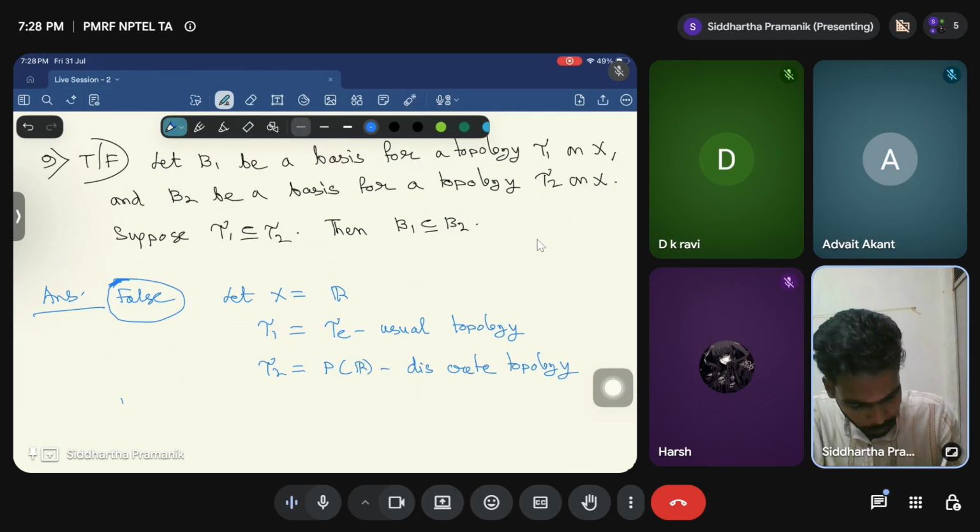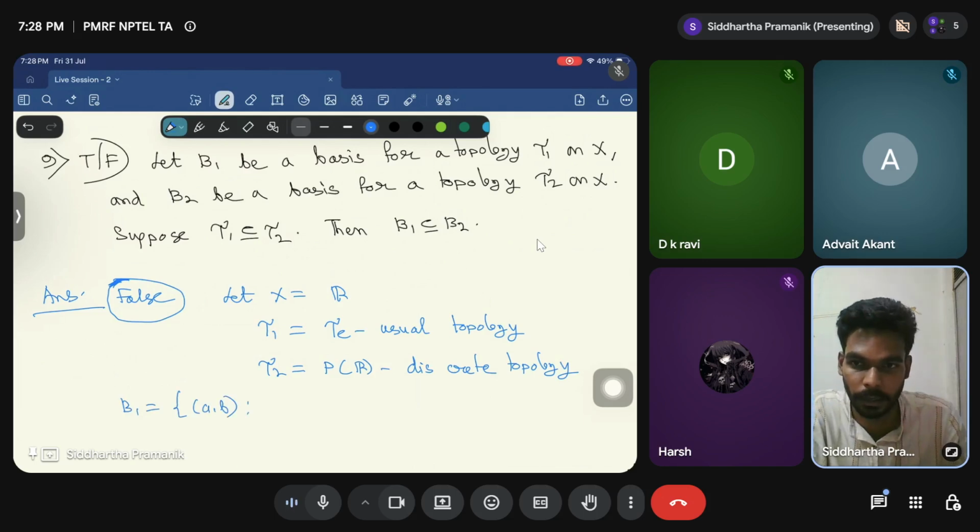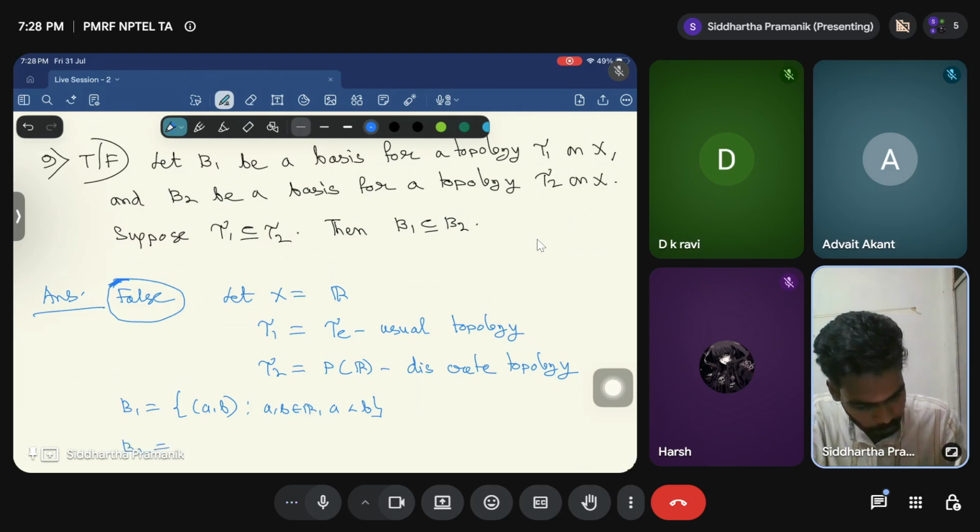For tau1 you can take the open intervals as a basis, that we have already seen in the last lecture: (a, b) with a and b in R and a less than b. This forms a basis for the usual topology. And for the discrete topology, you can take all singleton sets.